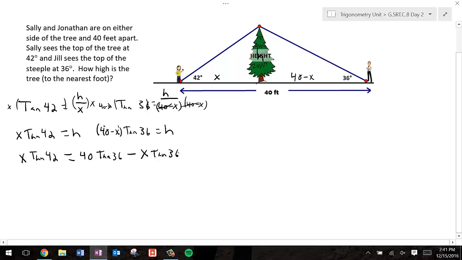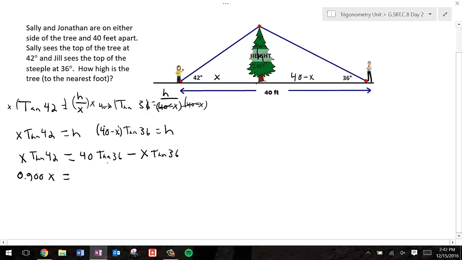At this point, what I'm going to do is find out the actual values of each of my tangents. So going to my chart that you guys have, we know that the tangent of 42 is going to be 0.900 times x. That's the same thing as x times the tangent of 42. We're going to set that equal to our value here.